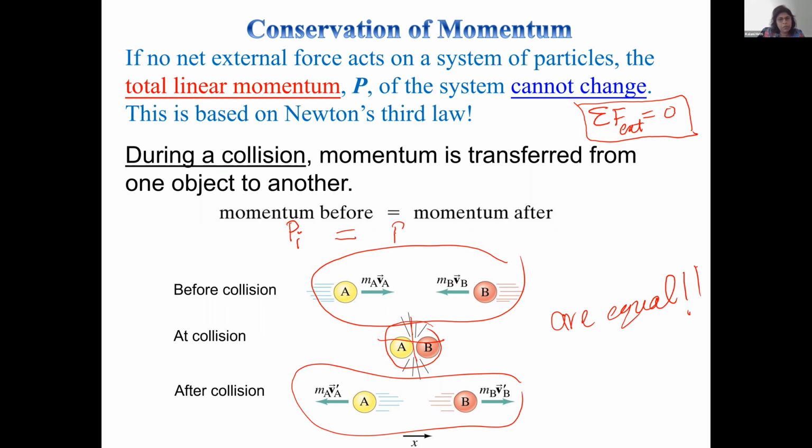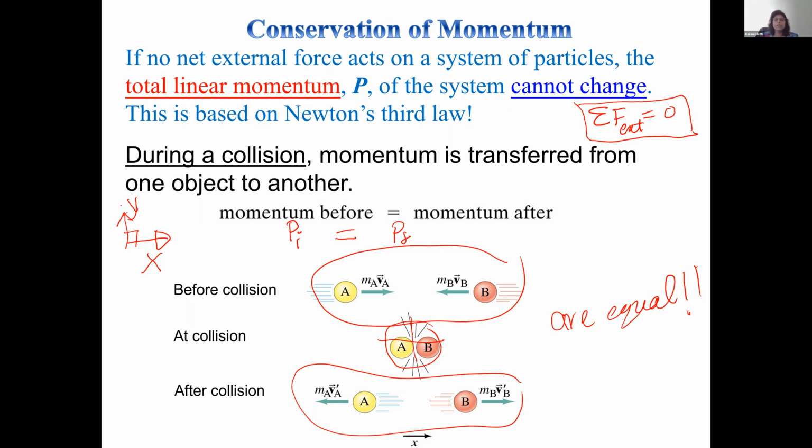And the momentum after we call P final. But it's very important that you do the problem with your coordinate system, choosing your axes according to the problem, an XY coordinate system, because it is a vector quantity that we're going to discuss.